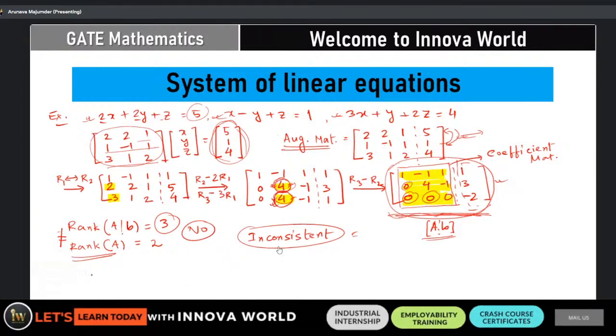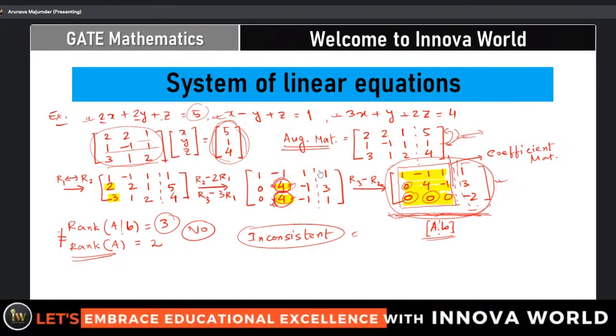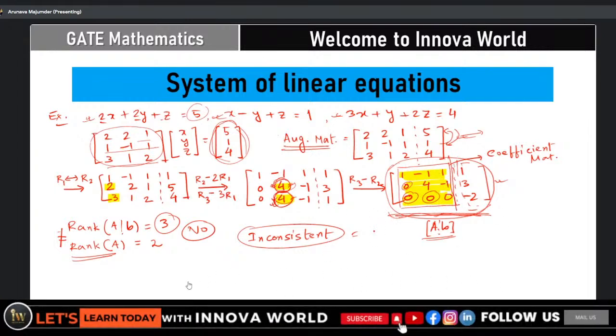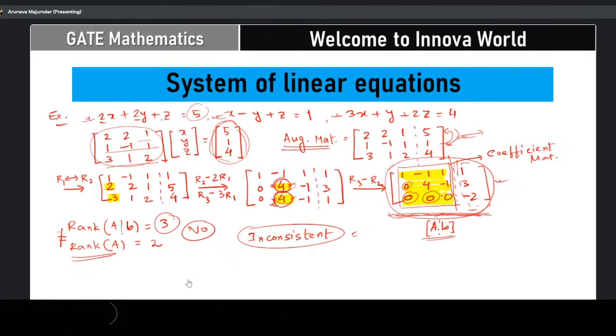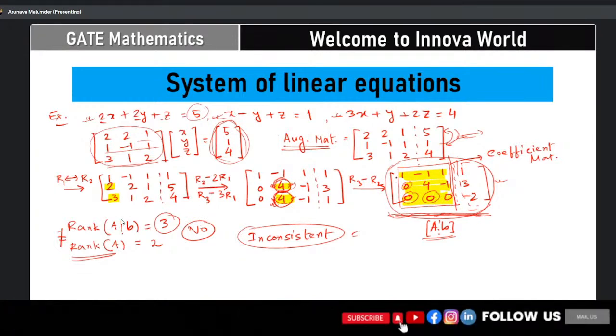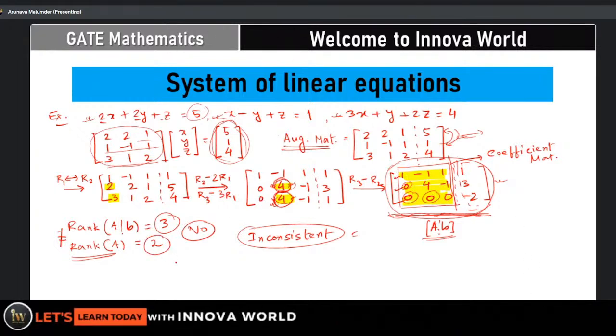Count the number of non-zero rows of only this particular matrix. The first row is 1 minus 1 1, non-zero. The second row is 0 4 minus 1, non-zero. The third row is 0 0 0, this is the 0 row. So what is the number of non-zero rows here? 1, 2. Only 2 non-zero rows here. So the rank of the coefficient matrix is 2.